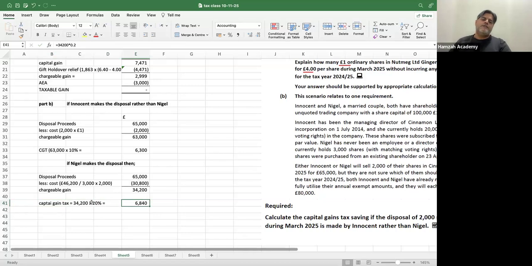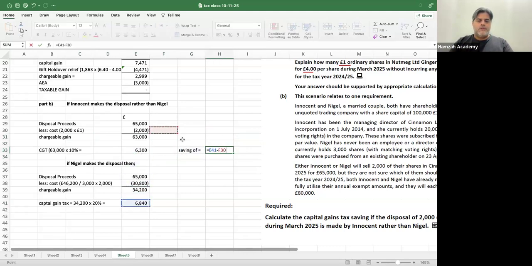So technically speaking, if we ask who should make the sale, the sale should be made by Innocent, because by this they will have to pay a tax of 6,300, whereas by the other they will have to pay 6,840 of tax. So technically they can have a saving of 6,840 minus 6,300, which is 540.